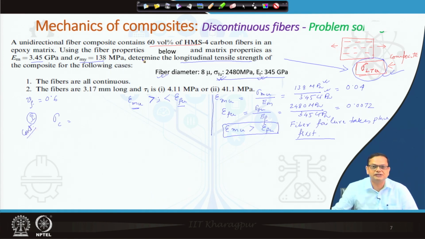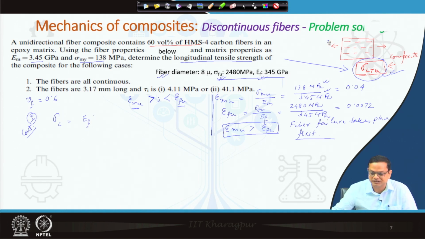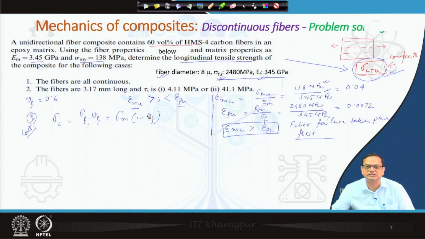So, when it is continuous fiber, sigma C is equal to, sorry, not Ef, we are calculating sigma C. So, it will be basically sigma f multiplied by Vf plus sigma m multiplied by 1 minus Vf. That is a universal equation, as you understand.